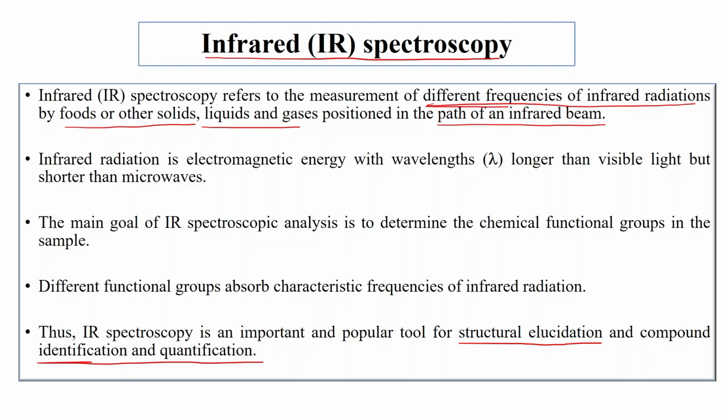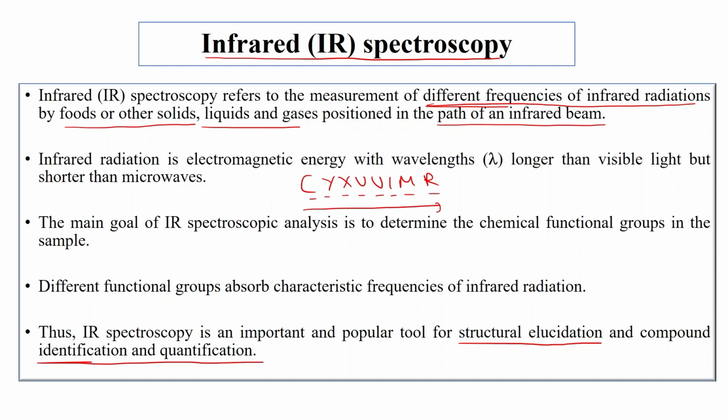Infrared radiation is electromagnetic energy with wavelength longer than visible light and shorter than the microwave. In the electromagnetic spectrum we have cosmic rays, gamma rays, X-rays, UV-visible region, IR region, microwave region and radio wave frequency.